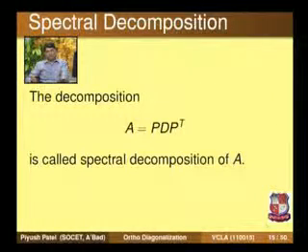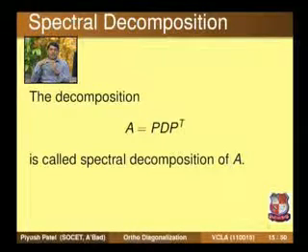The decomposition of A into PDP transpose is called the spectral decomposition of A. It is called that because in this decomposition the matrix A is decomposed via the spectrum.